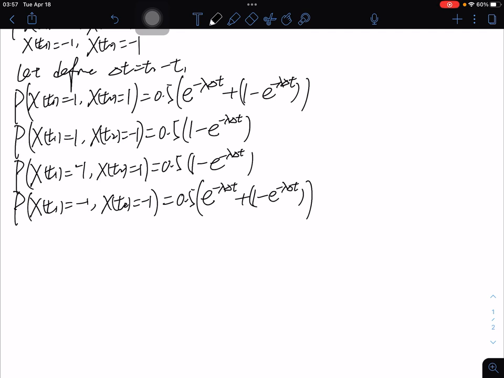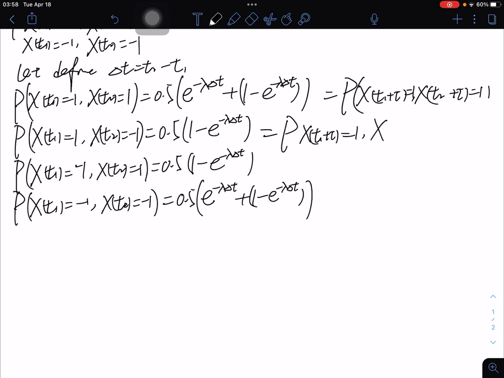We can find that it is equal to the same four formulas. It is equal to P(X(t1 plus psi), X(t2 plus psi)).